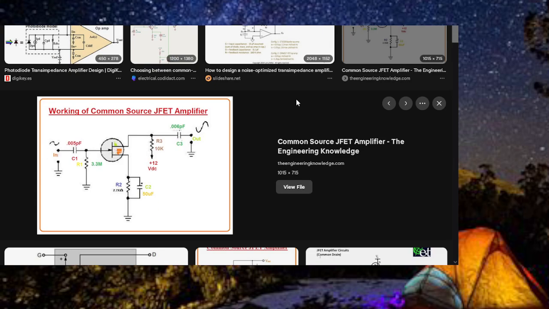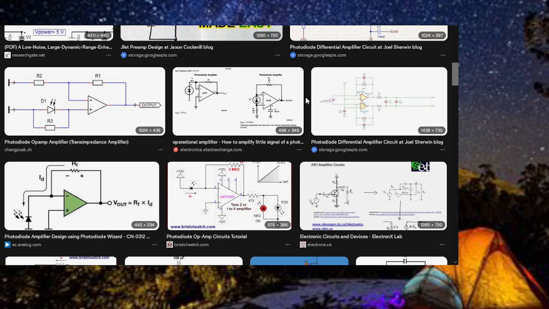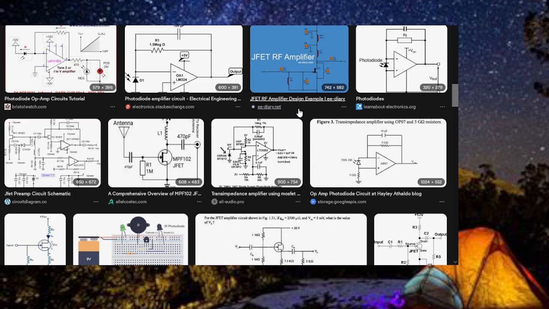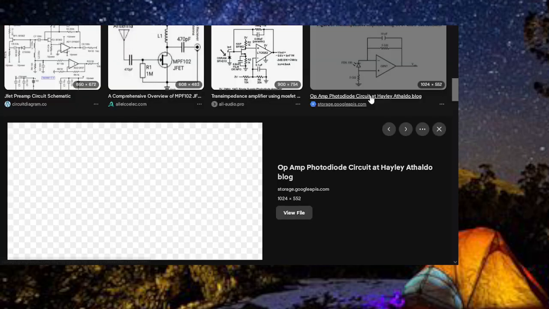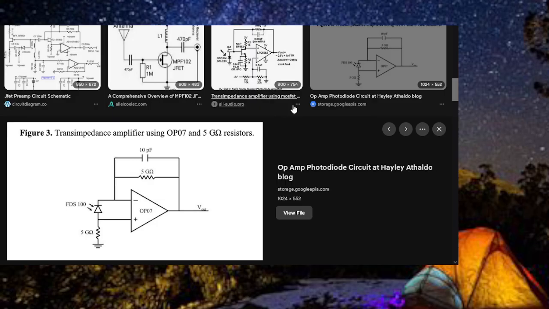Photodiode JFET amplifier circuit. LT something. Op-amp 07. Trans-impedance amplifier using an op-amp 07 and 5 gigohm resistors.